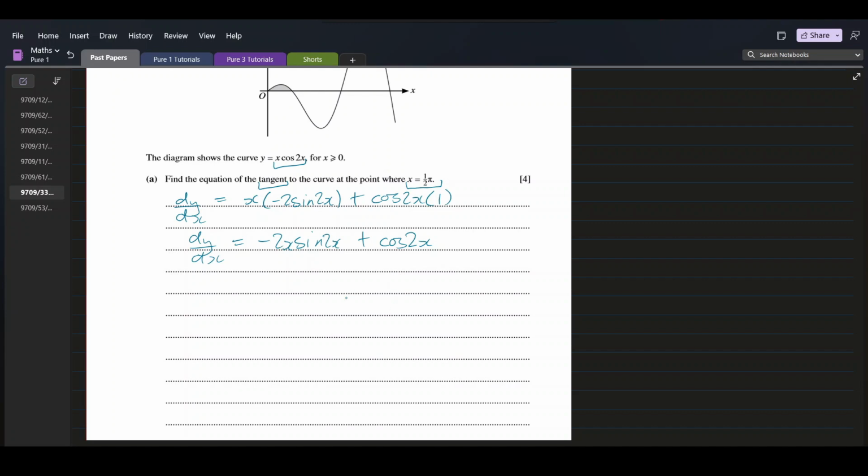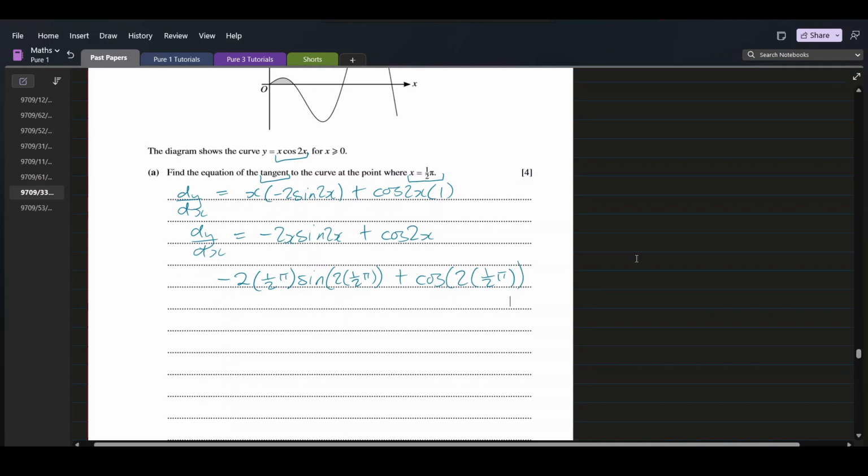So to get the gradient of the tangent, let's substitute x equals half pi into our gradient function. So that's negative 2 times 1 over 2 pi, sin of 2 times 1 over 2 pi, plus cos of 2 times 1 over 2 pi. So if you punch that into your calculator, that's negative 2 times 1 over 2 pi times sin of 2 times half pi.